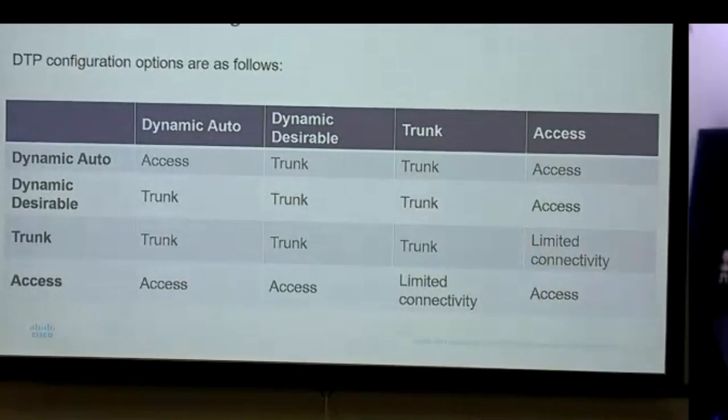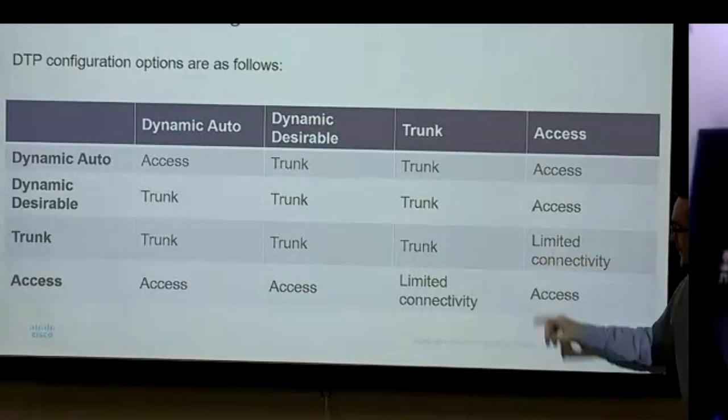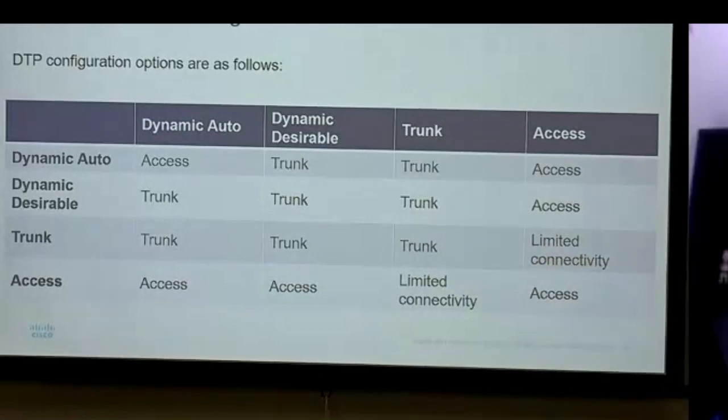That would be a switch to switch that needs to be a trunk. Basically, this means you screwed up. We don't want limited connectivity, we need full connectivity. I mean, packets or frames will get through, but it's weird.